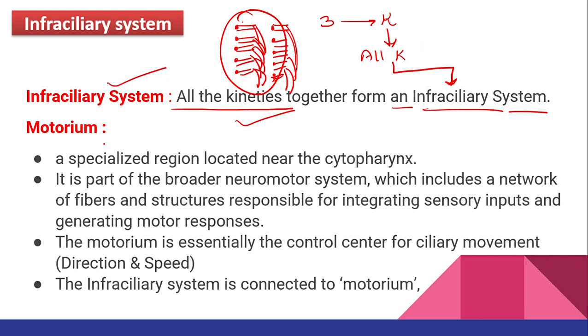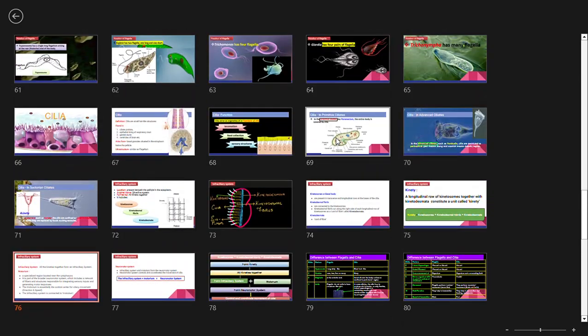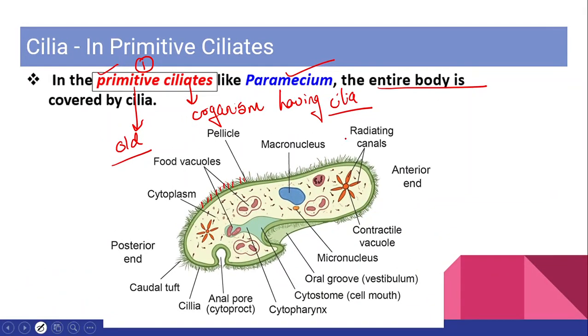Correct? Now, another concept which we have to study in the system for the movement of cilia is what we call the motorium. Motorium is nothing but the specialized region located near the cytopharynx. Let me show you the picture over here. See here class, this is the structure of Paramecium.